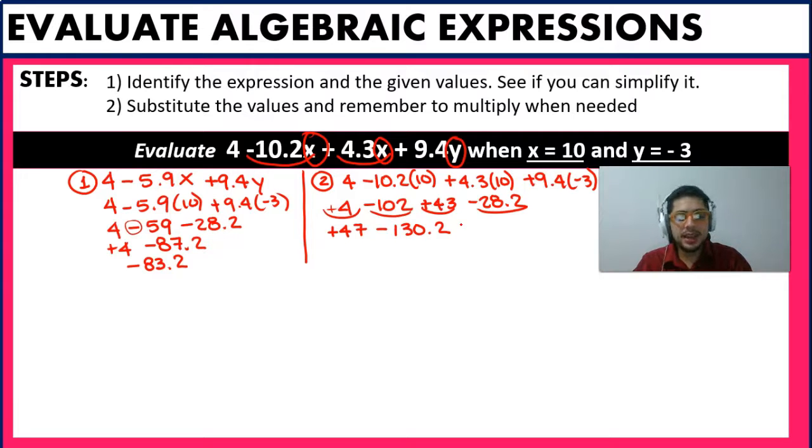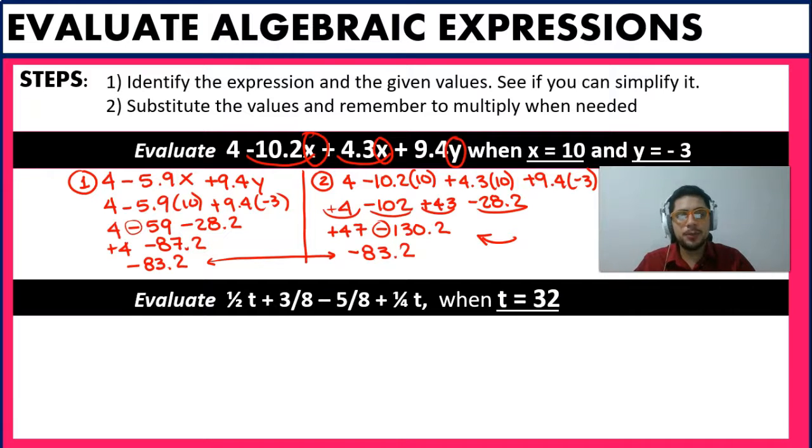Now we see that 130.2 and 47 have different signs, so I subtract them and put the sign of the highest one, which is negative. And when I subtract them, the answer is negative 83.2. As you can see, the answer is the same. But this process is a little bit more tricky because you don't simplify, so you have more numbers. But you can work whichever way you want to.